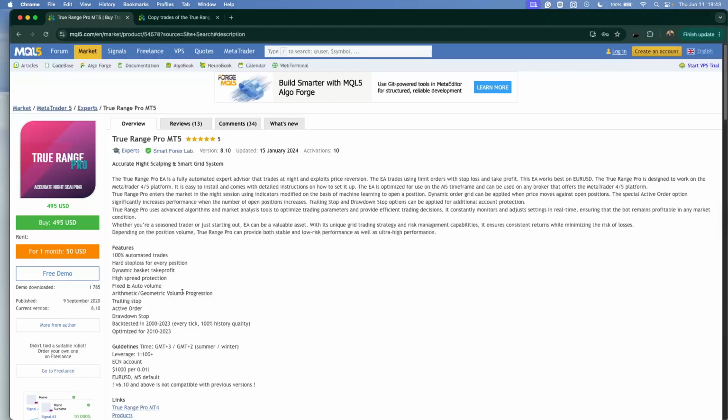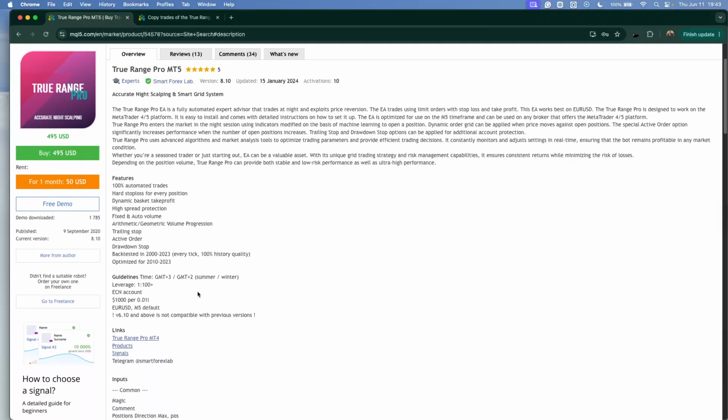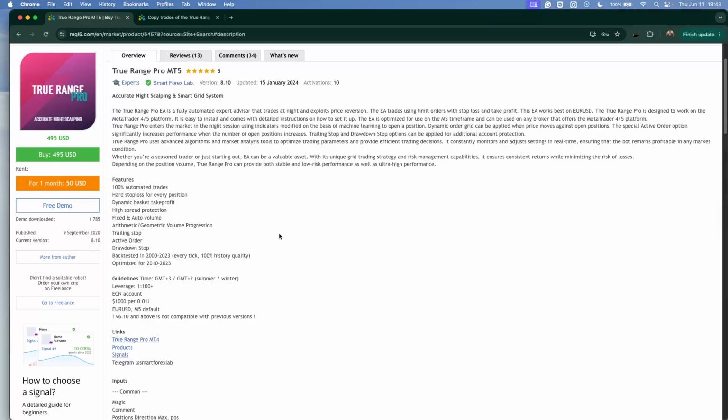We have the basket take profit, the trailing stop, the drawdown stop, and high spread protection to round it out. So basically it uses grid, and you can also adjust this in the inputs if you do not want it. And it's optimized for EURUSD on the 5-minute time frame.